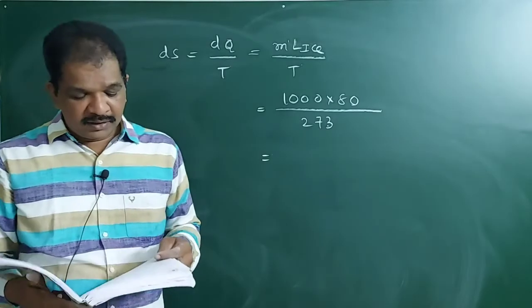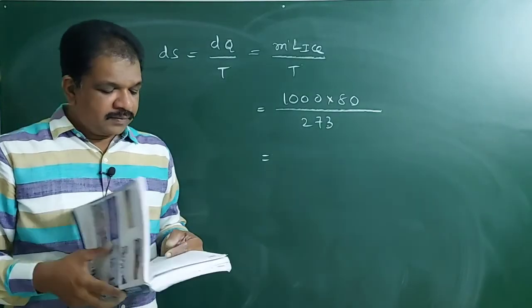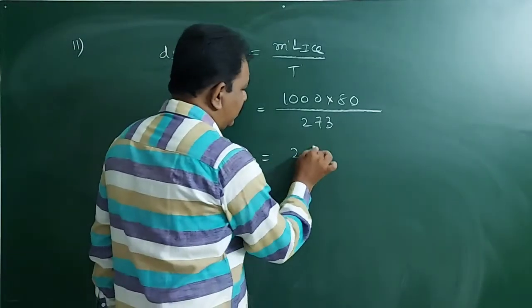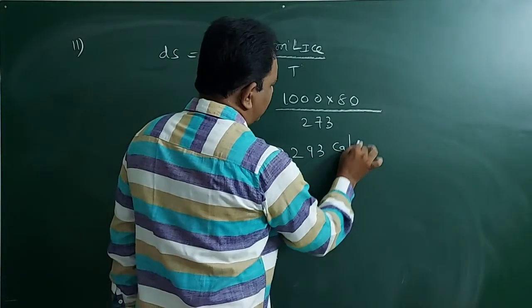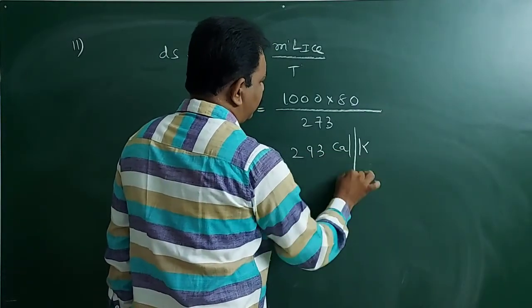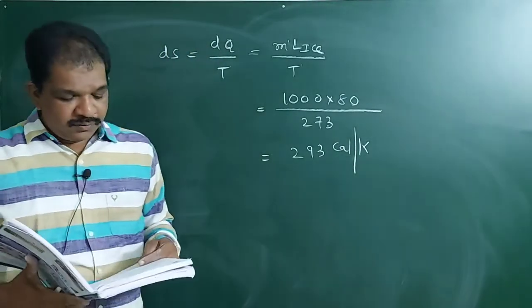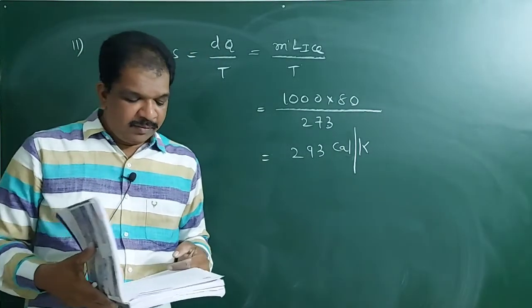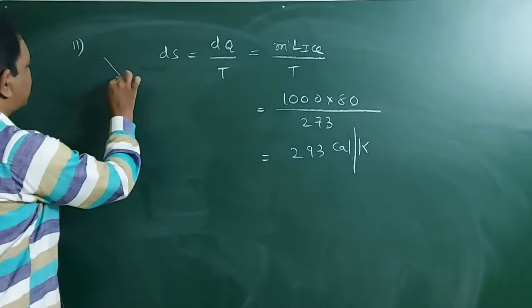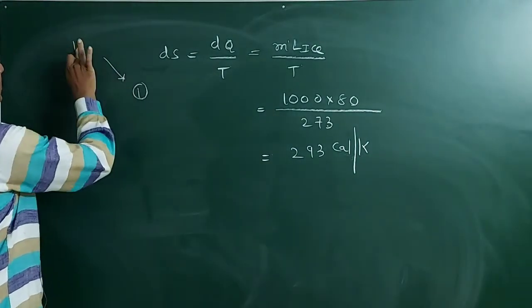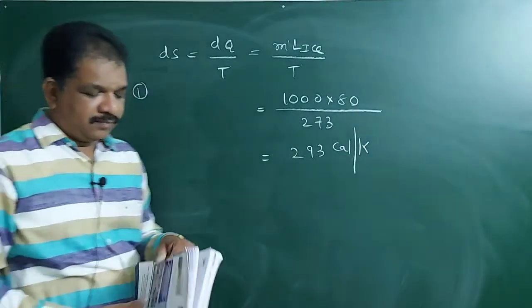If you calculate that, this value, 293 calorie per Kelvin you will get. Okay. So first question, it will be the first option. First question, this is not 11th.